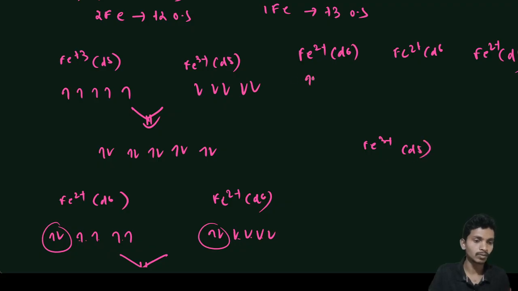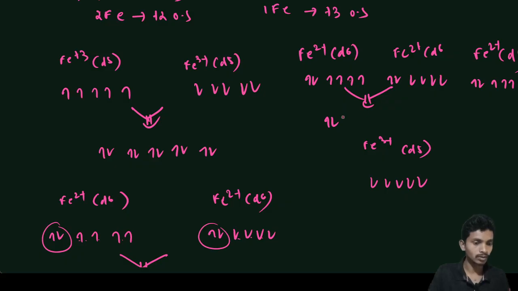So here 1 2 3 4 5 6, here also 1 2 3 4, and this is d5, so let's say 1 2 3 4 5. So if you decouple this, then this will be coupled 1 2 3 4, 1 2 3 4. Okay, so 1 2.